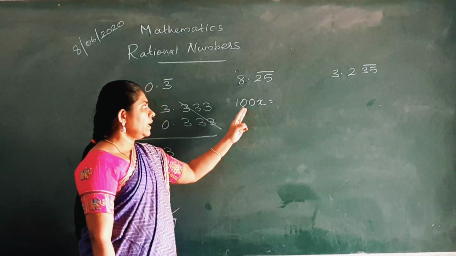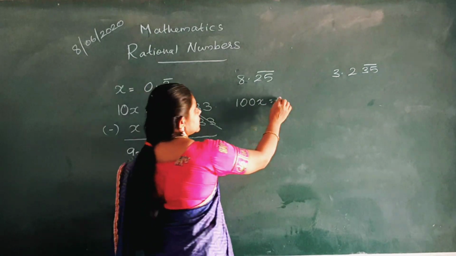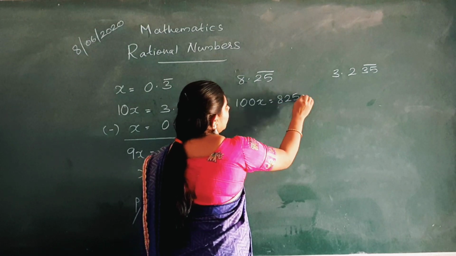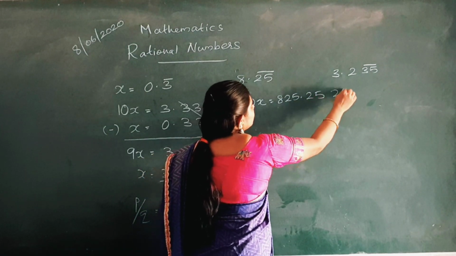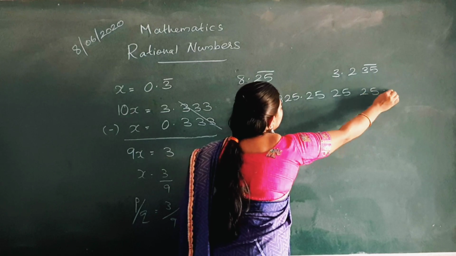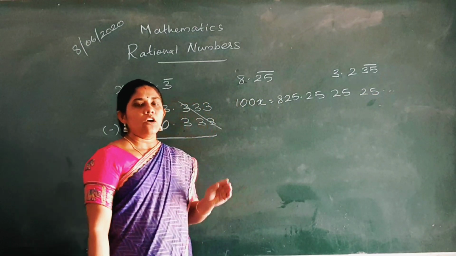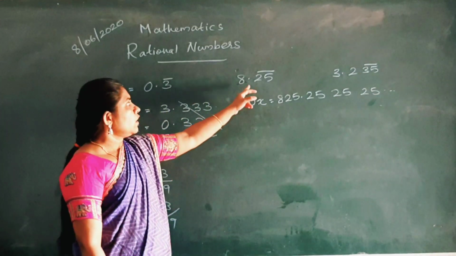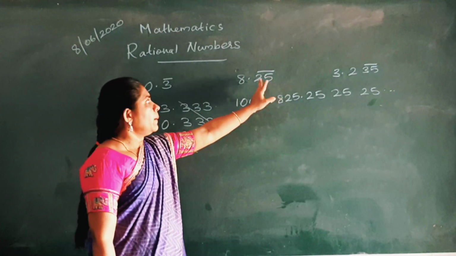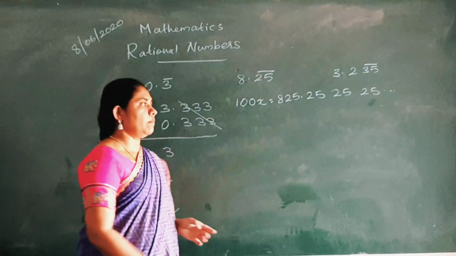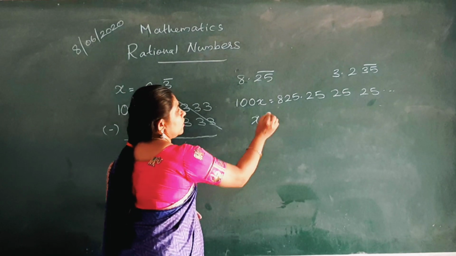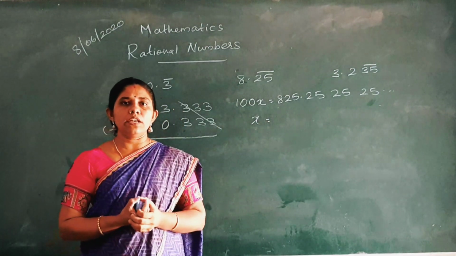Then the result is 825.252525 like that goes on. Next step: there are only two repeating numbers, and we will write x down.